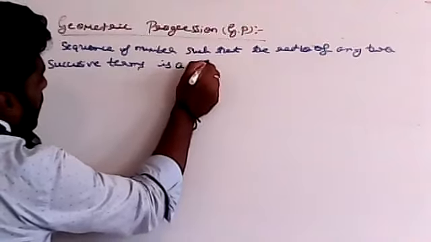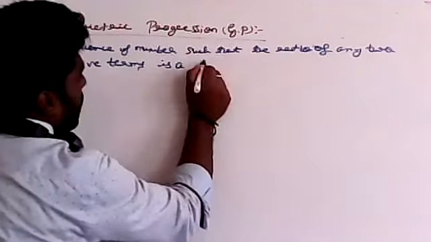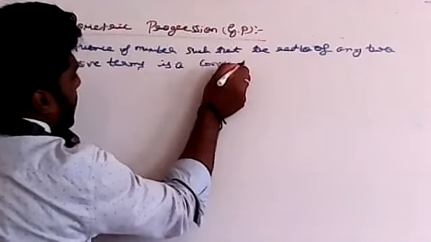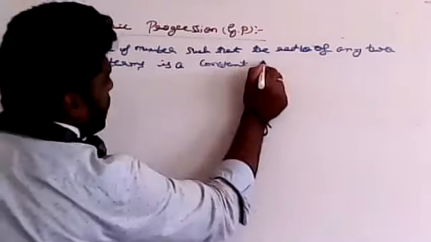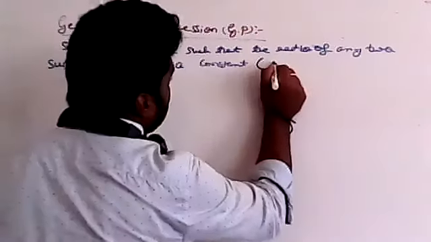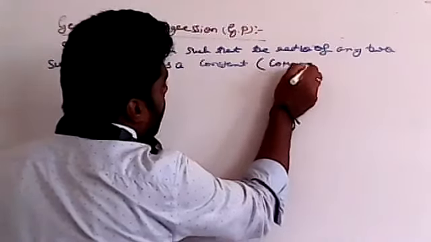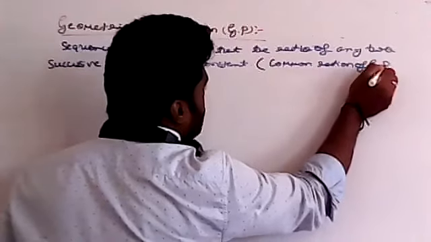This is called a geometric progression. And that constant is called the common ratio of a GP, which means geometric progression.